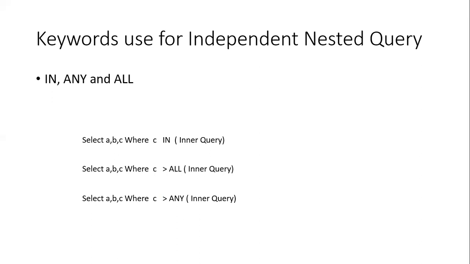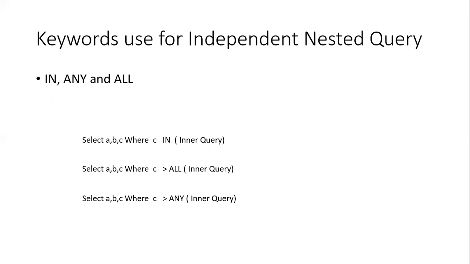So the inner query first returns a set of values. Then the outer query will check whether the attribute value of C in a tuple is present in the set or not. If the value is present in the set, then it will select that tuple, select the attributes A, B, C of that tuple and return the result.